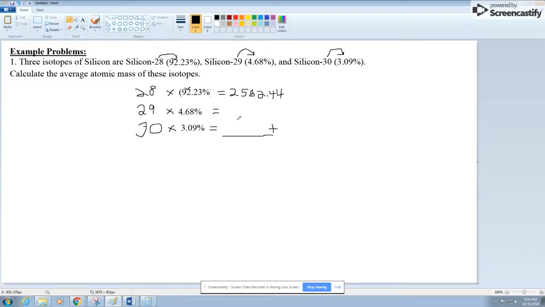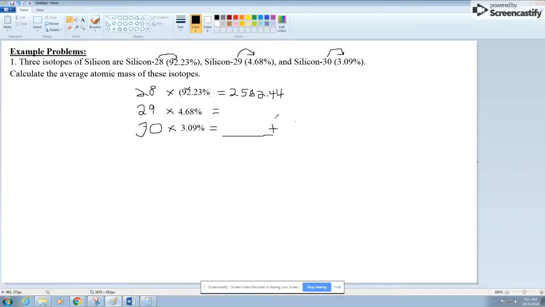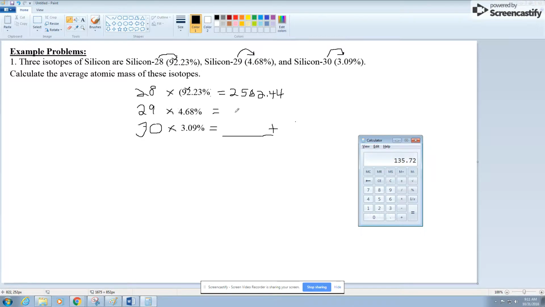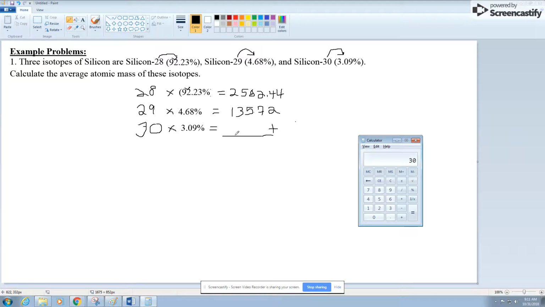All right, 2582.44 and 29 times 4.68 is 135.72. Can't copy and paste that, unfortunately. And then 30 times 3.09 is 92.7.